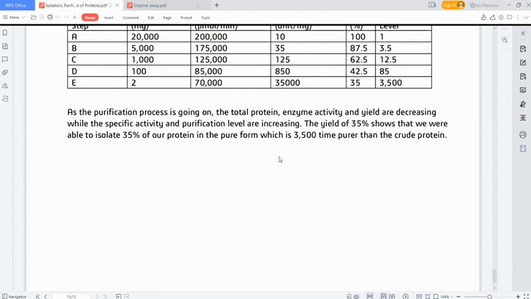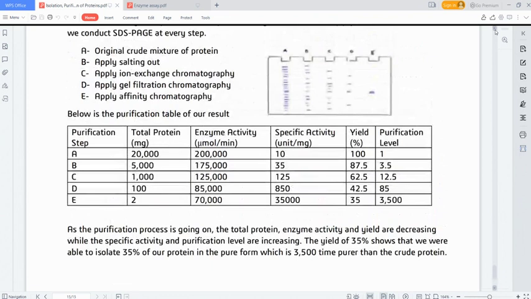What is normally done in an exam condition is that the table will be given to you, the total protein and the enzyme activities will be given to you, and you will be asked to complete the purification table and state whether the proteins were purified, and give reasons for your answer.